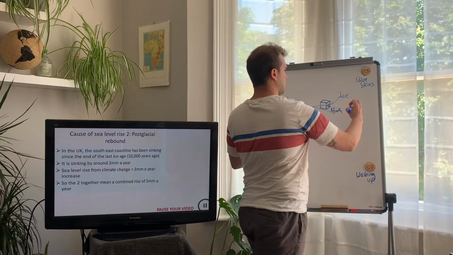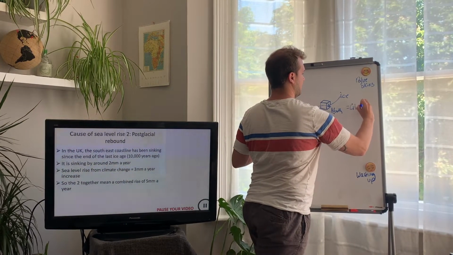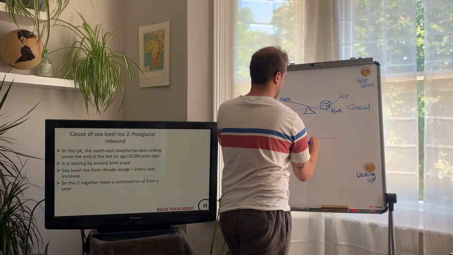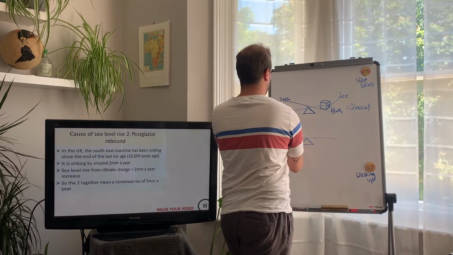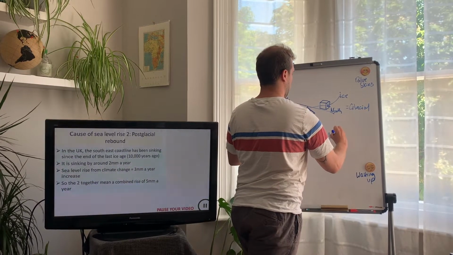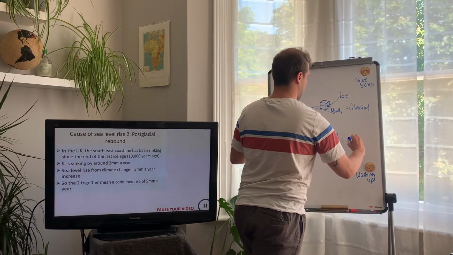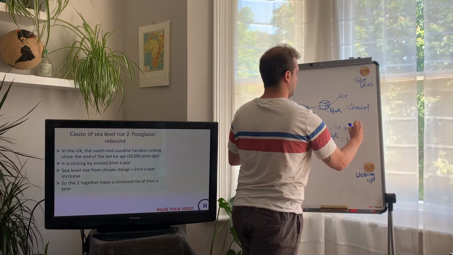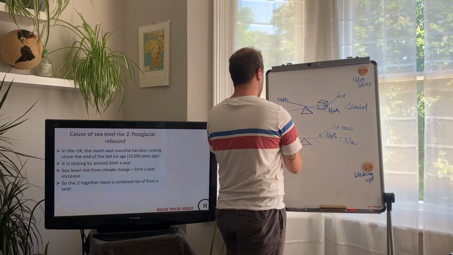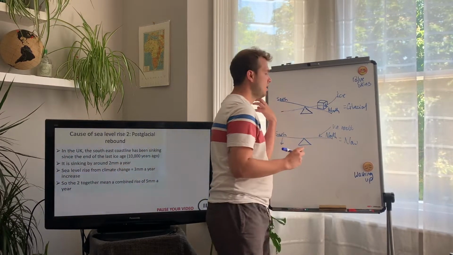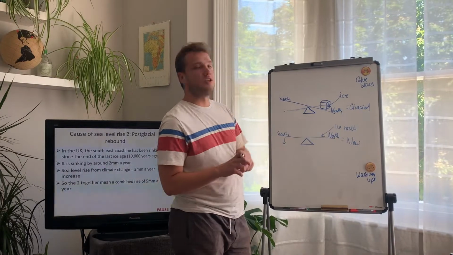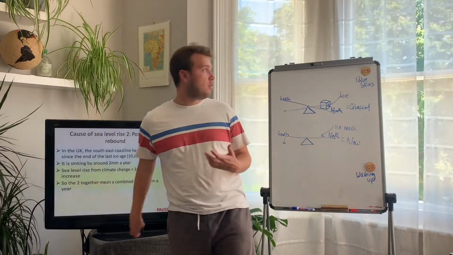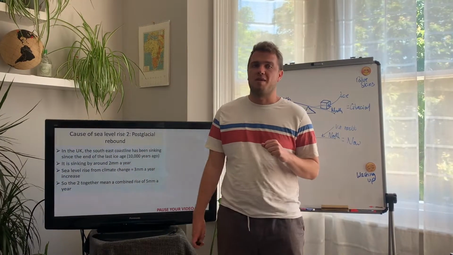So this was during glacial. However, this is now. Our ice has melted, which means that the south has come down. So the south of the UK has sunk due to this melting ice. So you might want to draw this quick diagram just to remind yourself what this post-glacial rebound means.